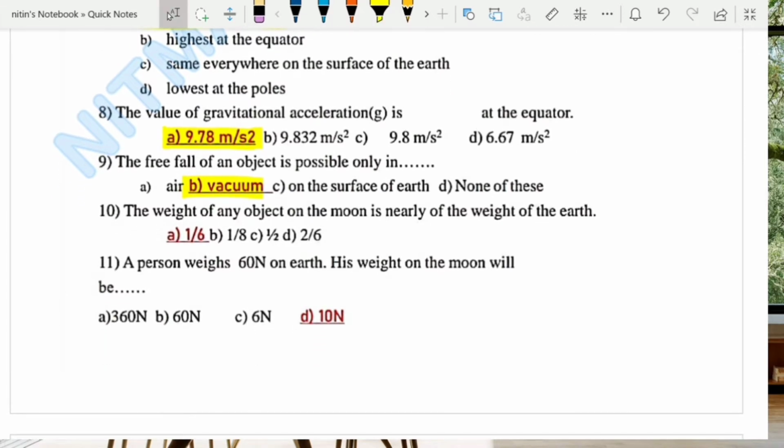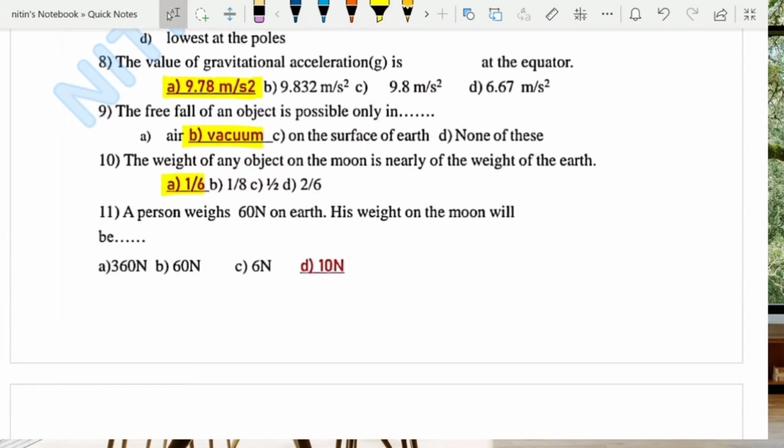The weight of any object on the moon is 1/6 of its weight on the earth. A person weighs 60 Newton on the earth. His weight on the moon will be 10 Newton.